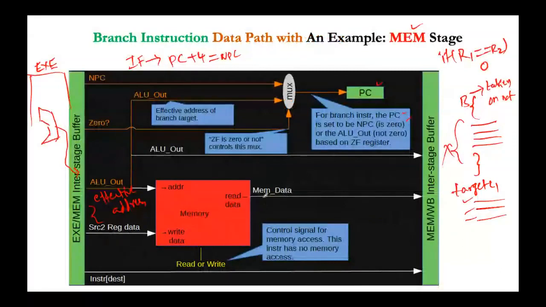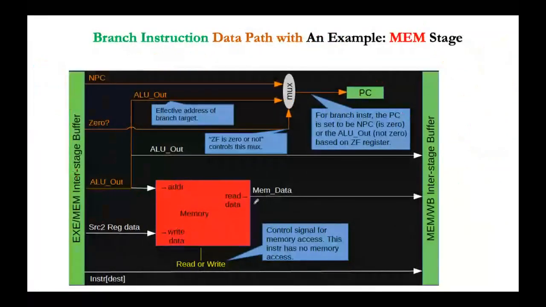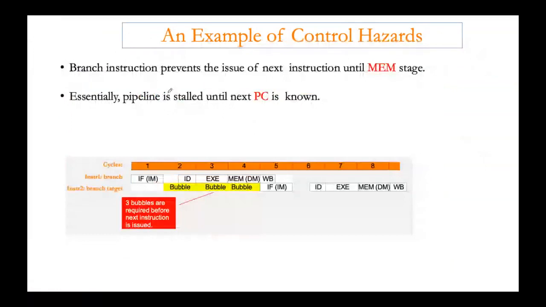So now see here, the branch instruction, as a control hazard, prevents the issue of the next instruction until your memory stage successfully completes, or essentially the pipeline is stalled until your program counter is updated.